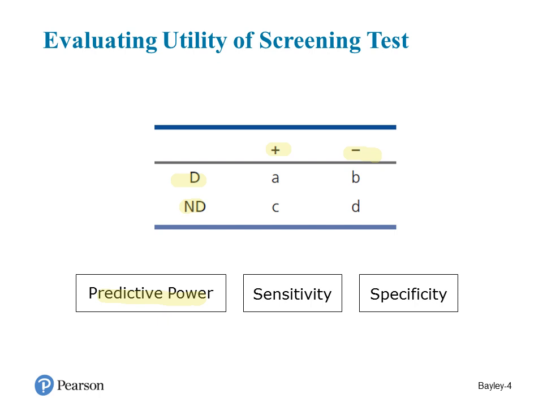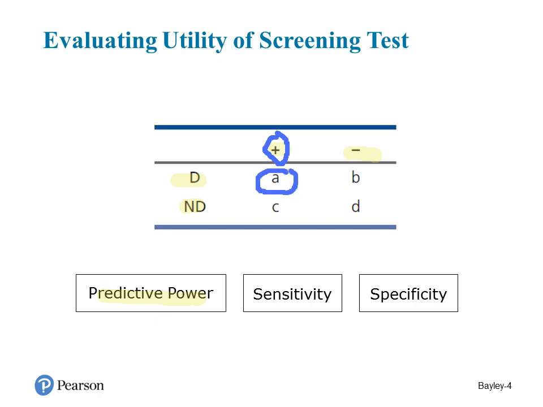So when you think about predictive power, you think about it either in terms of positive predictive power or negative predictive power. The positive predictive power is the likelihood that the person with a positive test result will actually have the disorder.